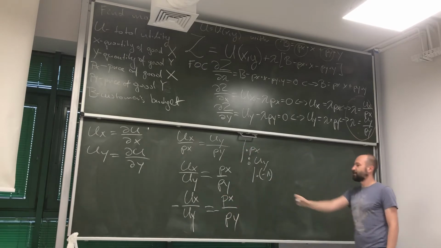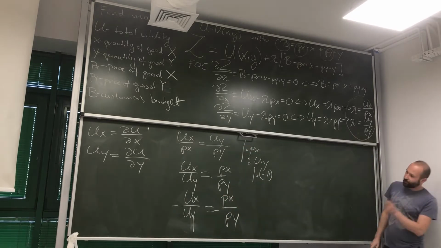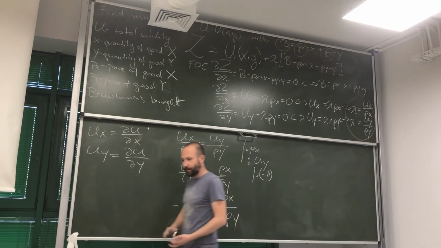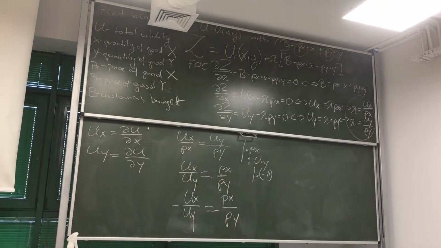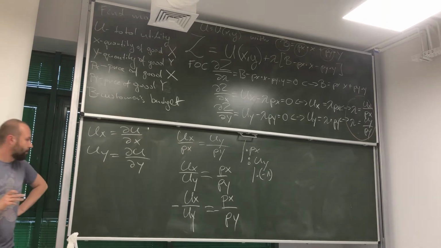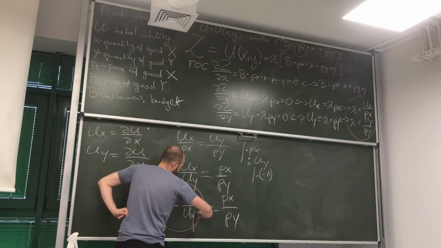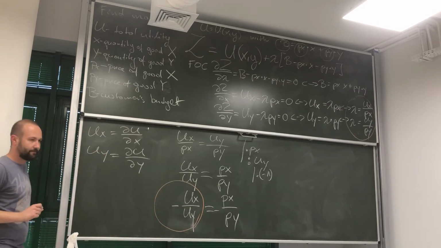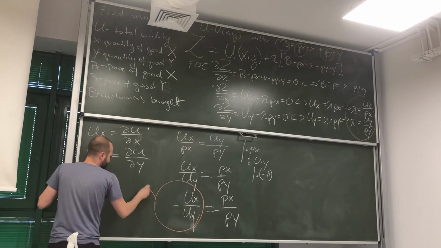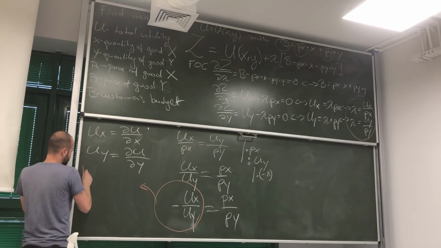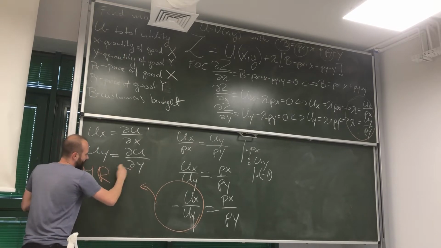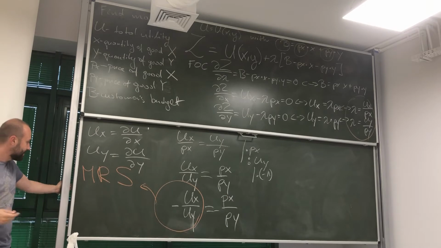And the two expressions that we see over here are actually things that we already know. Negative ux divided by uy, this is nothing more than marginal rate of substitution, right?